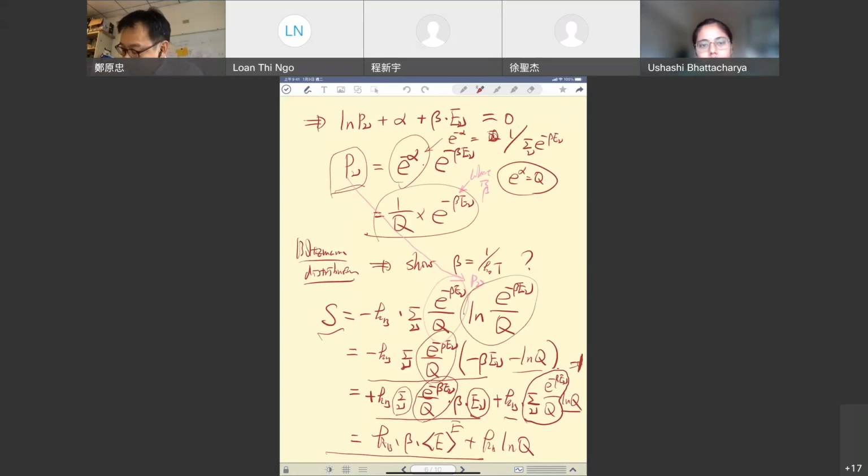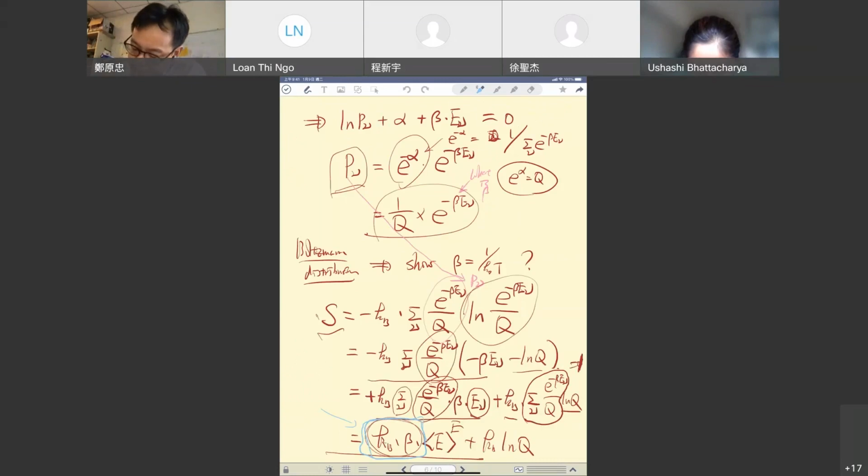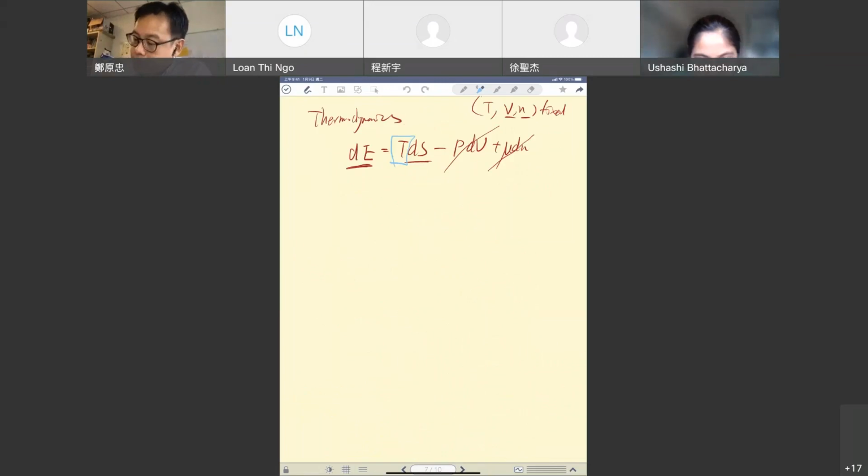If you take the derivative, dS/dE should give kB beta. This is from the microscopic side, and this is thermodynamics, so they must be the same.